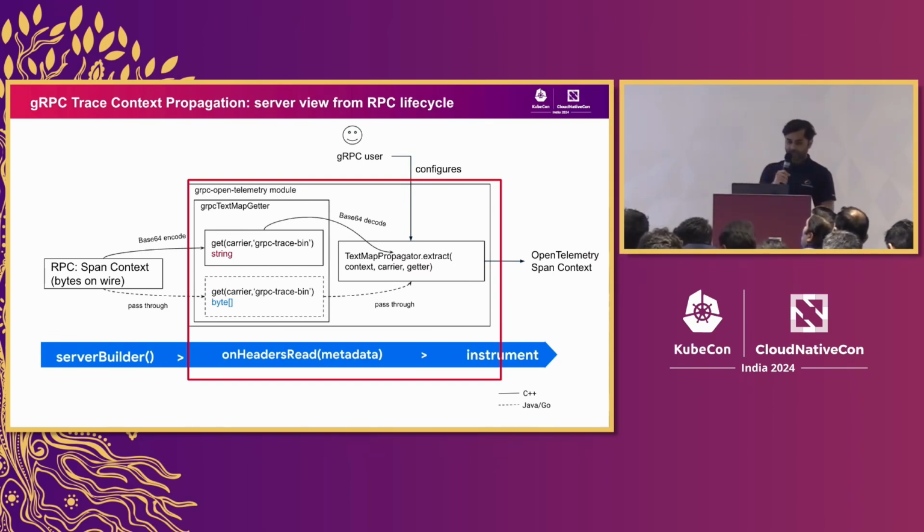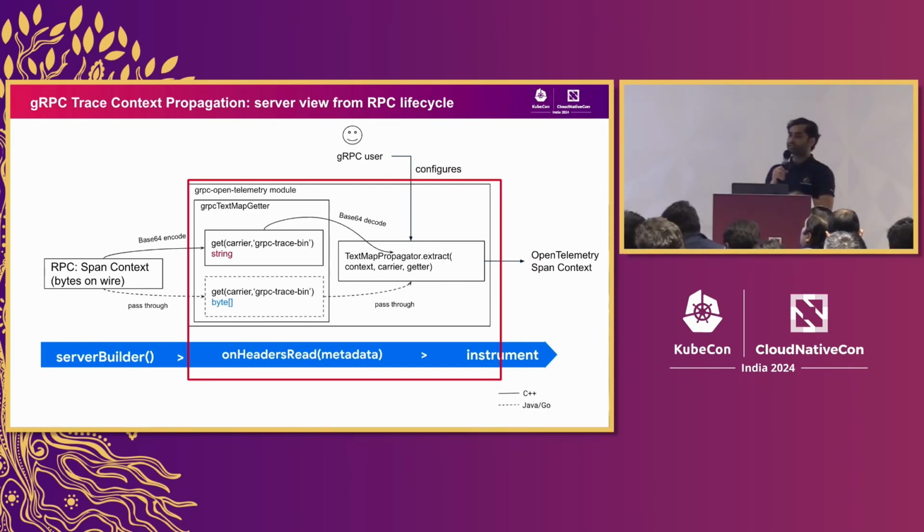The key thing here is why the text map propagator is a different object. I'm sure many of you have that question, like why can't you just have get and set inside that, right? So the reason is that it allows you to bring your own propagator as well, because eventually we want to make it more pluggable. So the job of the carrier is just to read the metadata header and put the metadata header.